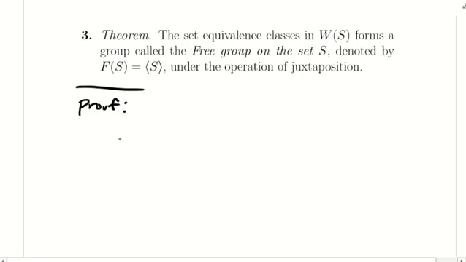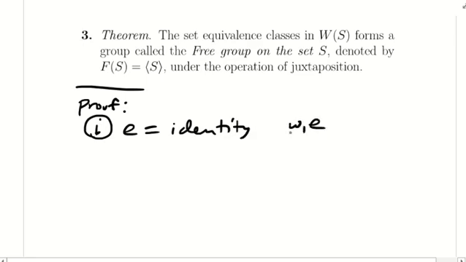Proof is very easy. There's definitely an identity, right? So e equals the identity, since if you take an empty word and juxtapose it with a word, you still get the same word, and backwards as well. Okay, so there's an identity.